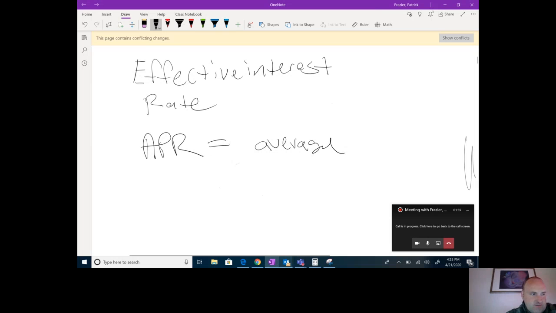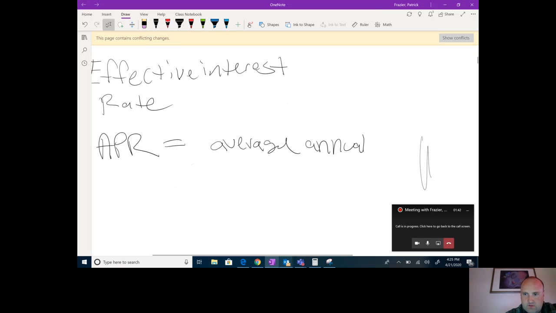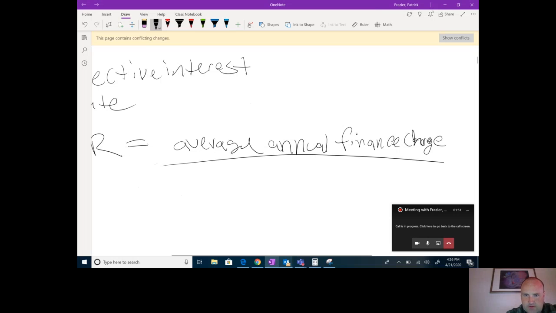the average annual finance charge divided by the amount borrowed, or the proceeds.